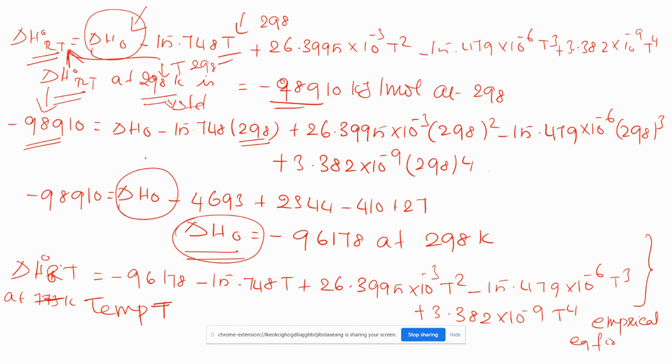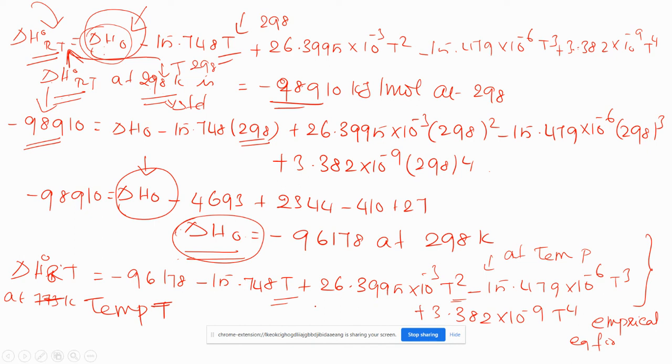Now we will get the del H0 value. After that, in the same equation, you substitute the del H0 value, and all the T's will remain as such because this is at any temperature T. Some problems will just stop with this empirical expression and will not ask further.